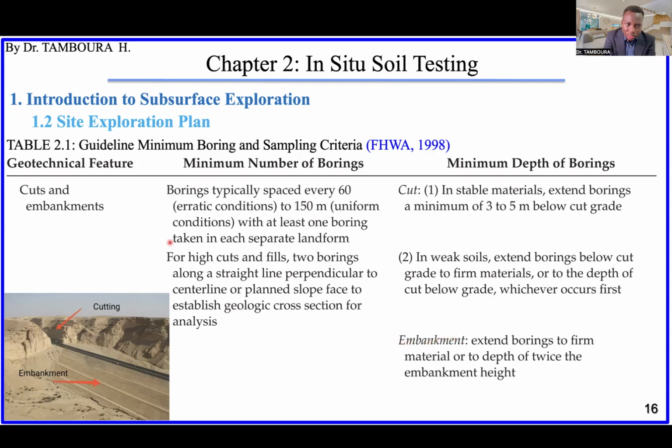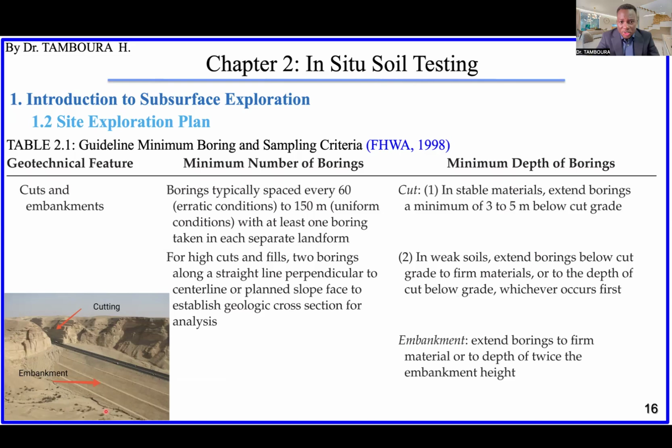Also, for embankment now, we have finished with cut. For this kind of embankment, we have to extend the borings to firm material, or to depths of twice the height of this embankment. Maybe there is a very strong layer just beneath this embankment, so we have to reach that layer.